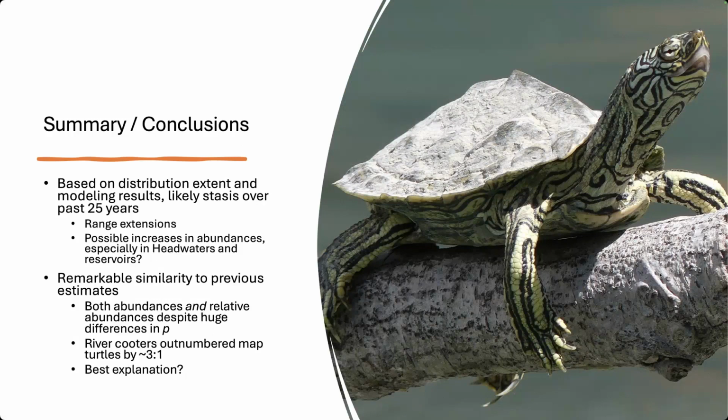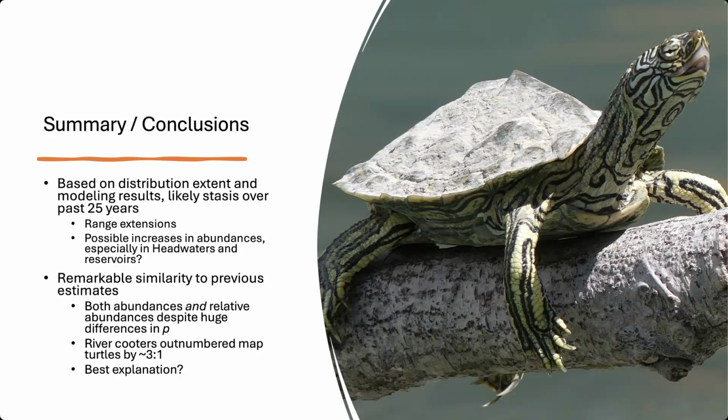For example, in the headwaters region, where we see a lot of low head impoundments that seem to support high densities of Cagle's map turtles. We've also documented a few range extensions into some tributaries in the headwaters region.